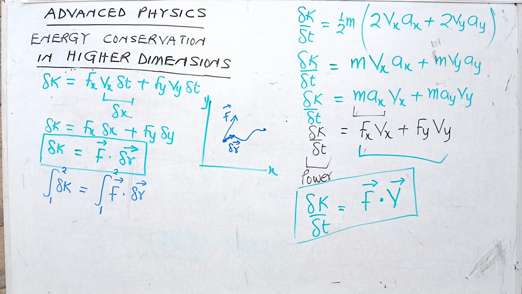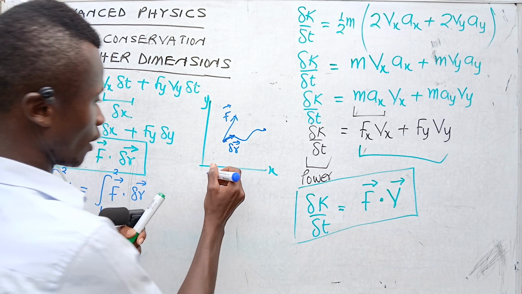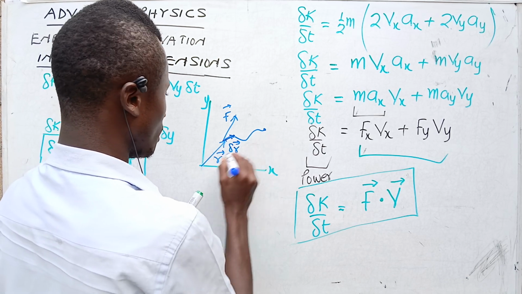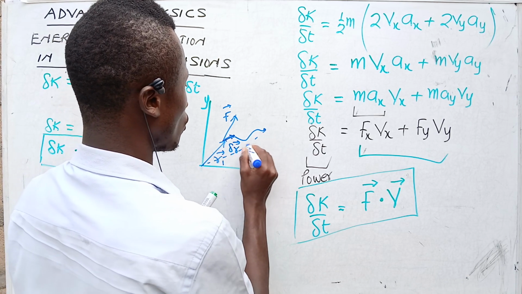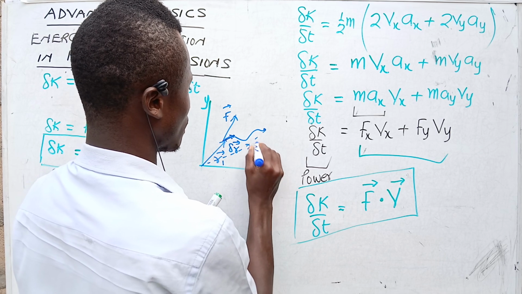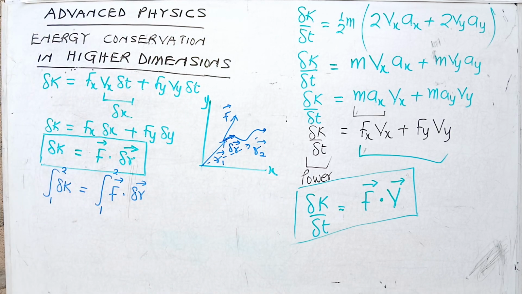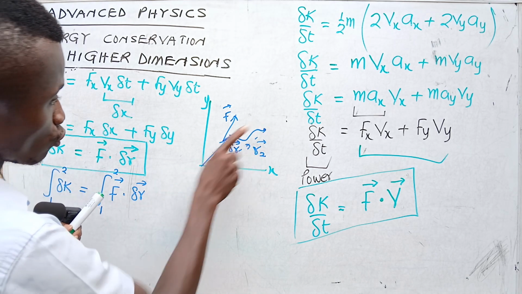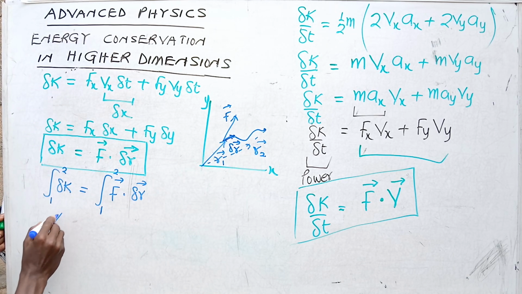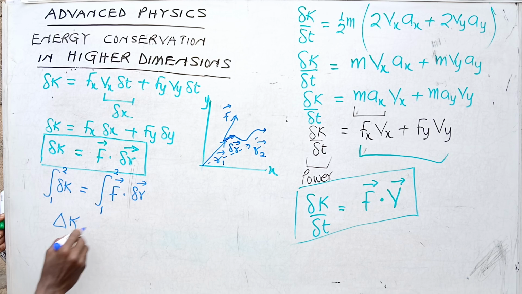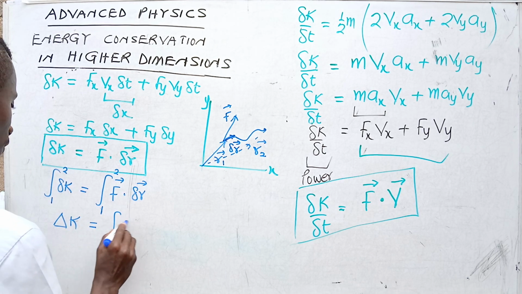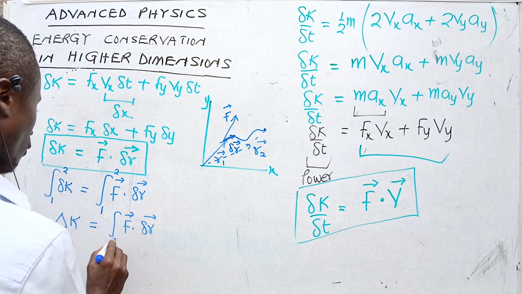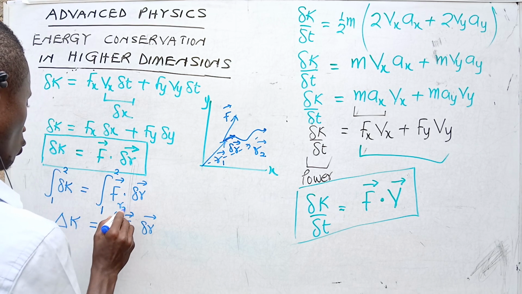Now point 1 to 2 means from a location r1, this is a vector now, then to a location r2, which is also a vector. So this integral of little dK from point 1 to 2 will give you delta K, that is K2 minus K1, which is equal to the integral of F vector dot dr vector from r1 to r2.